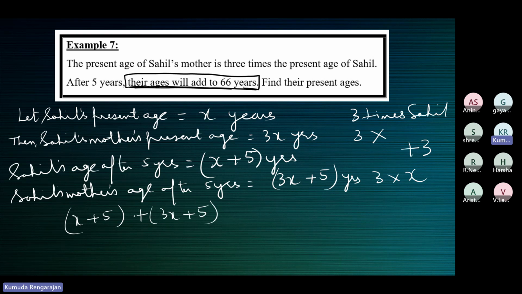Why are we adding? Because it's given there. Their ages will add to 66. That means Sahil's age after 5 years plus Sahil's mother's age after 5 years is equal to 66. This is the equation. So you'll have to solve this equation, find x and find their present ages.